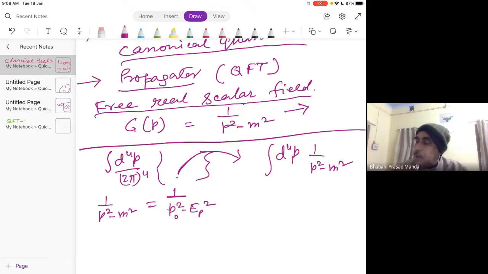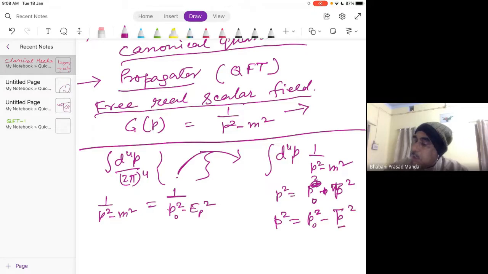Here p is a 4-vector, so the 4-vector p square is p0 square minus the 3-vector p square, that is, the 0th component square minus the 3-vector square.